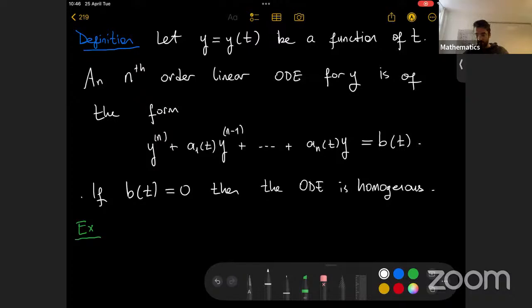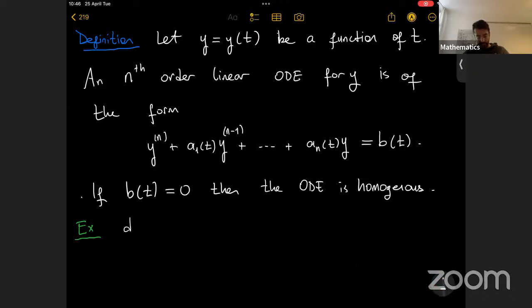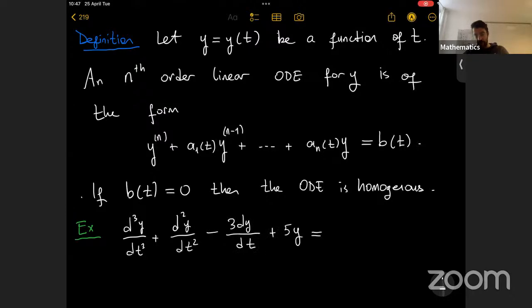Here's an example. The third derivative of y with respect to t plus the second derivative of y minus dy/dt plus 5y is equal to 6t squared.